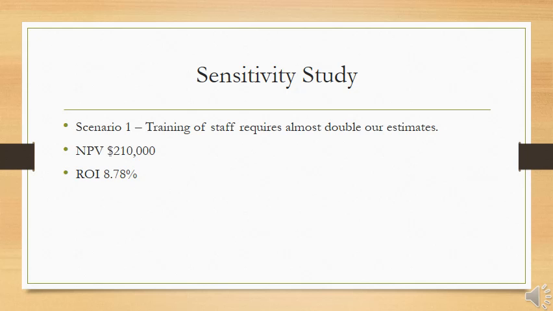If you look at scenario 1, what if the training of staff takes twice as long? Well, if we double our estimates for that, we've still got a return on investment of 8.78%. Not ideal, but the way we can safeguard against that is to ensure in the planning phase we do our research so we completely understand how much training is required.